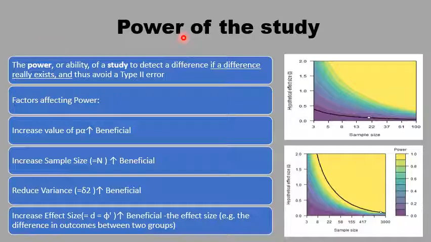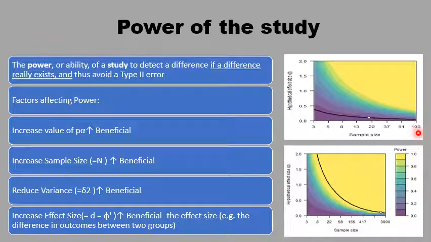We can do this if the difference between the two groups, the effect size, is quite high. The more the difference between the two groups, the effect size, the more the power of the study. Or if we have more patients in the sample size, the more patients we have, the higher the power.